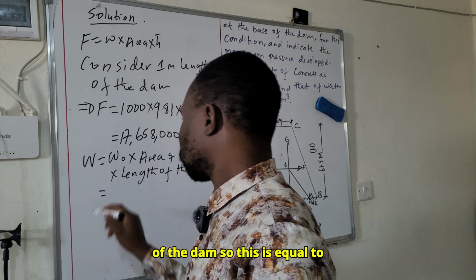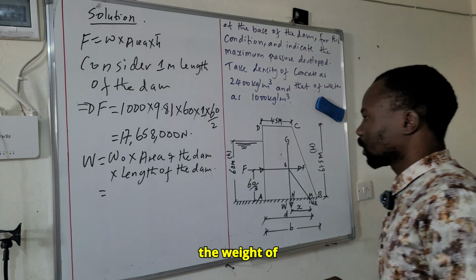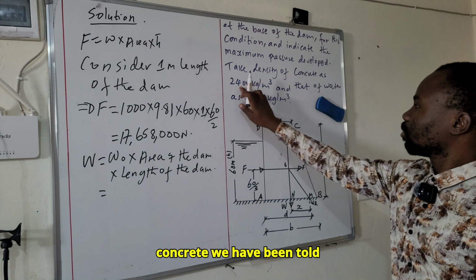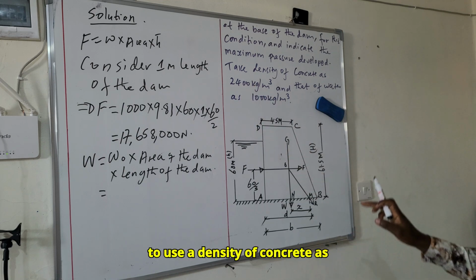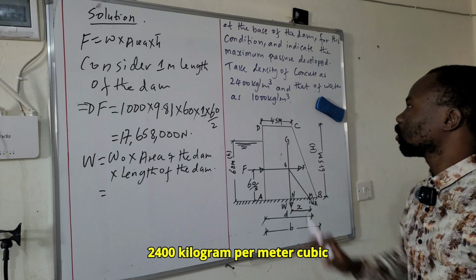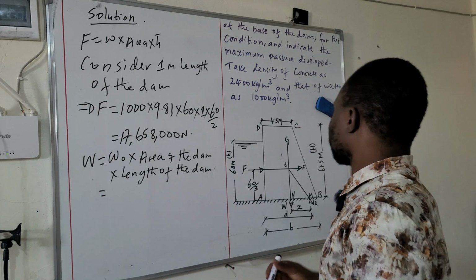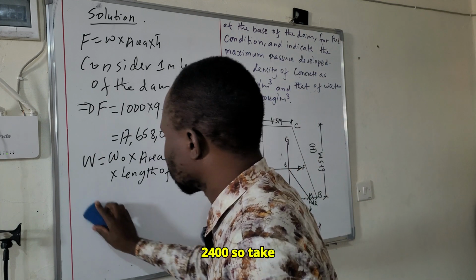We have been told to use a density of concrete as 2400 kilogram per meter cubed.